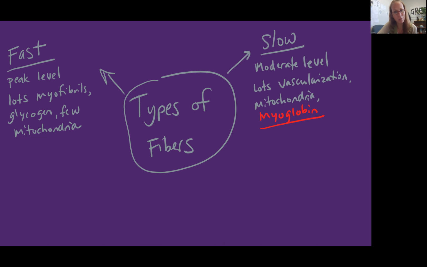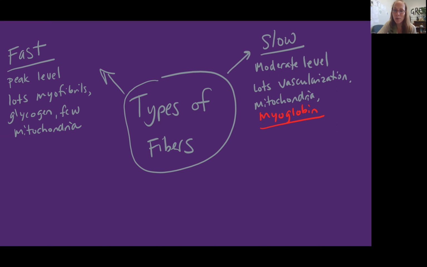Your slow fibers, on the other hand, are kind of the opposite. They're going to be modified for moderate level of activity. So they're going to take a little bit longer time to build their tension, but they can sustain it for a longer period of time. So in this case, your slow fibers are going to be highly vascularized because remember, they're going to be taking fatty acids and oxygen out of the bloodstream.